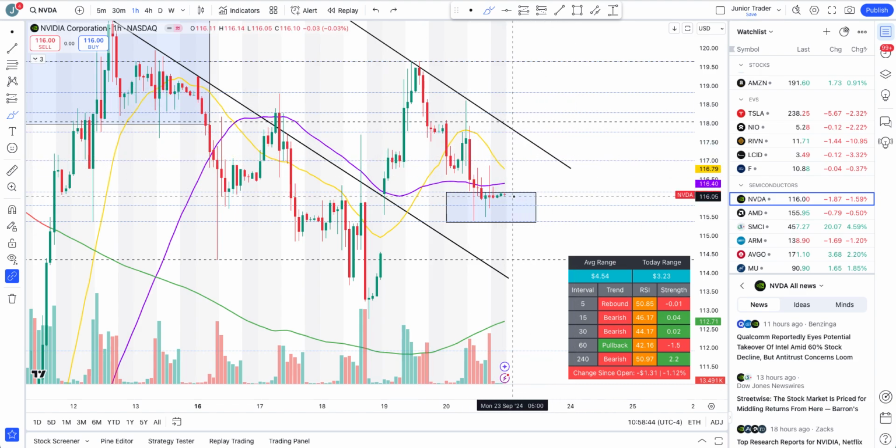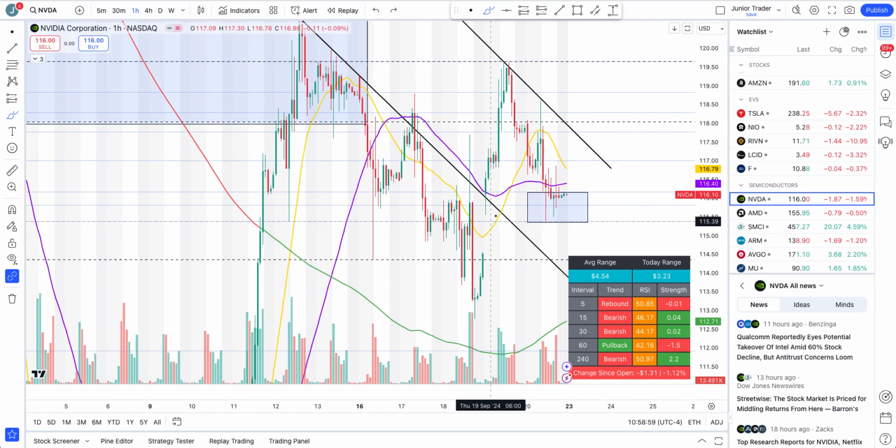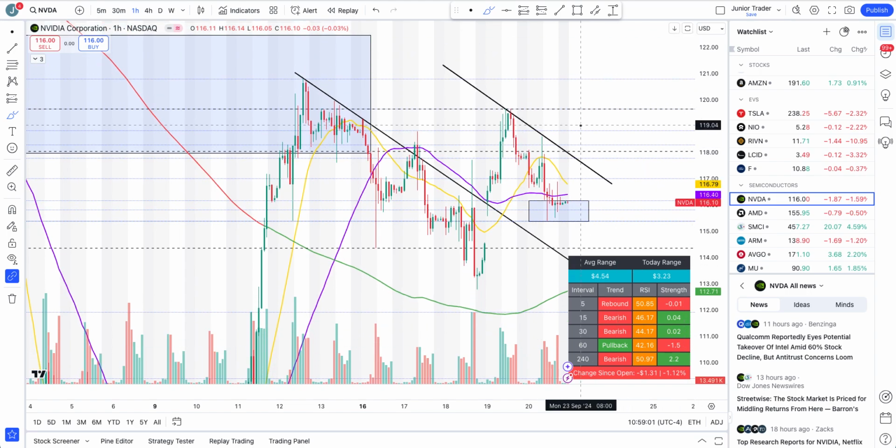Now, if we keep rejecting and go one more level lower, like if we lose 115.40 and come down to 114.35, then to become bullish, the confirmation would be that we first get out of 115.37. So that's something to watch.